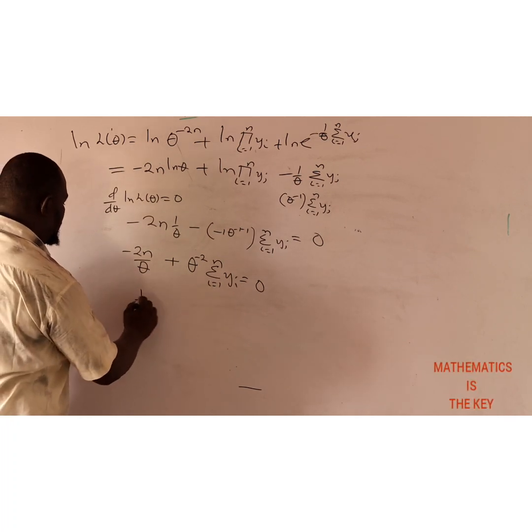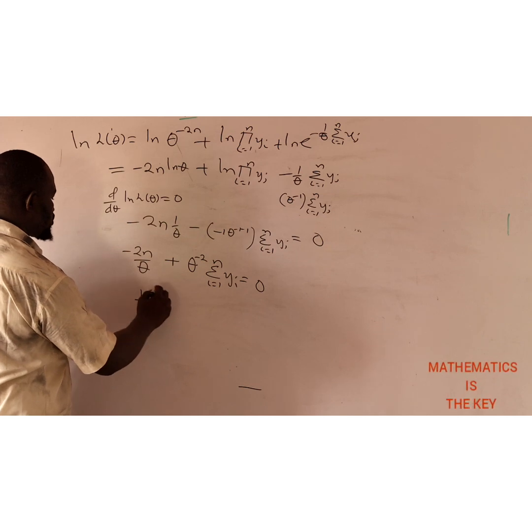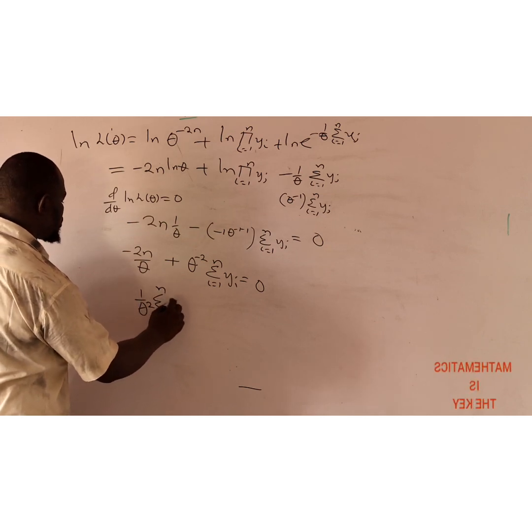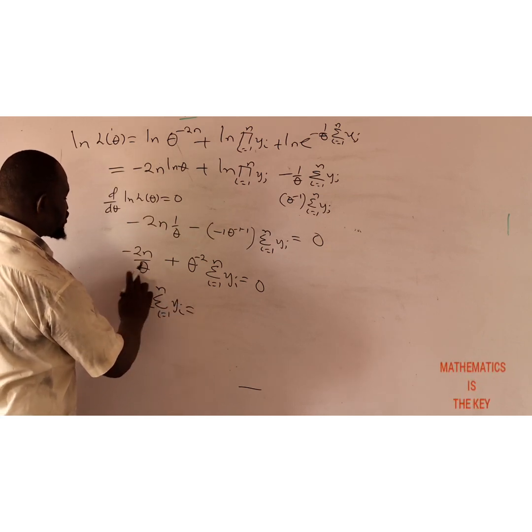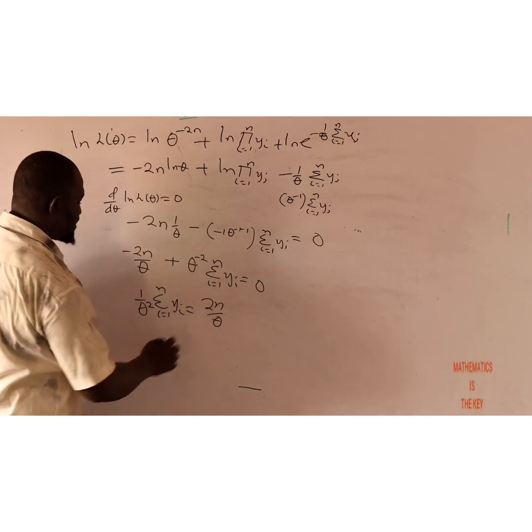Here we will have 1 over theta squared, summation of yi equals 2n over theta.